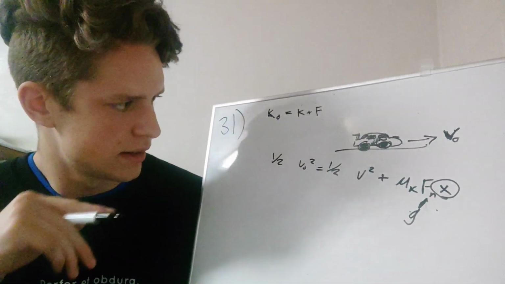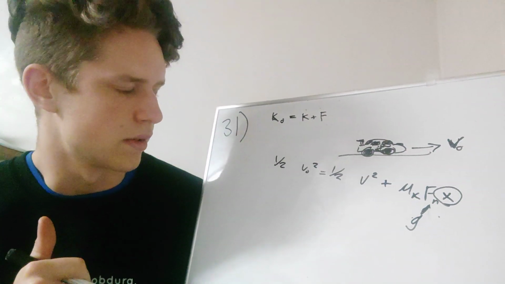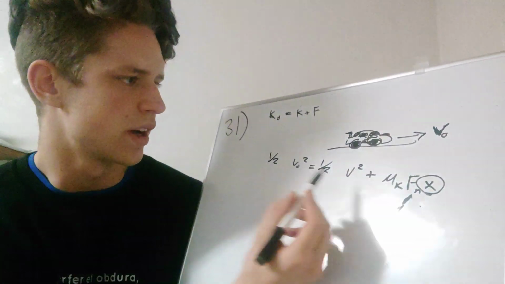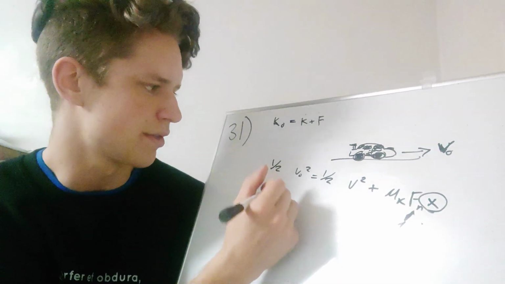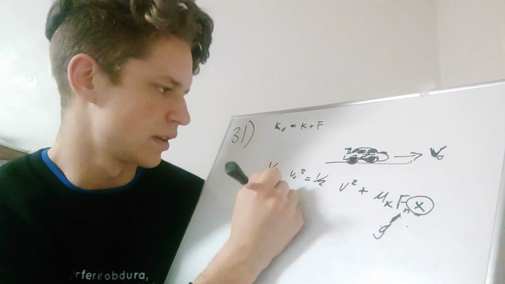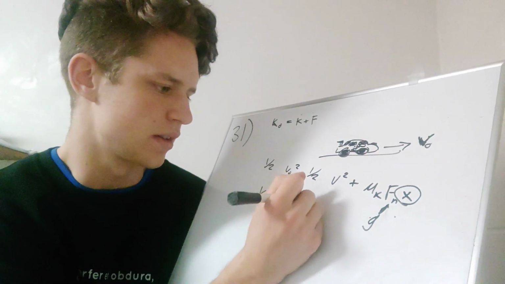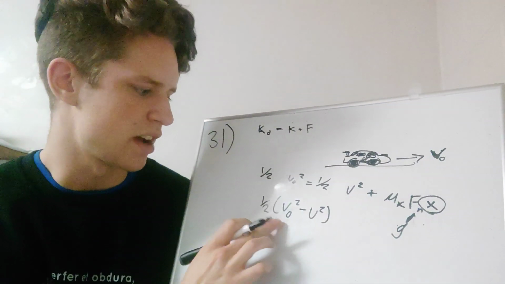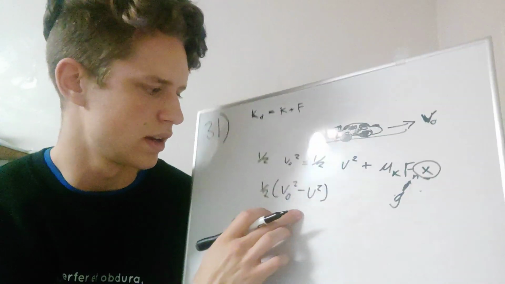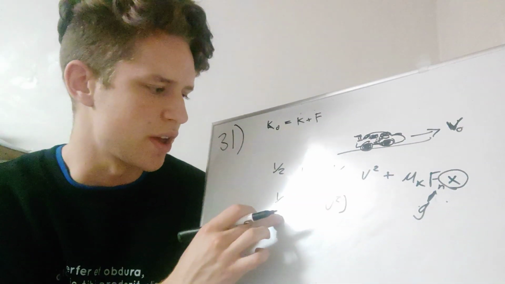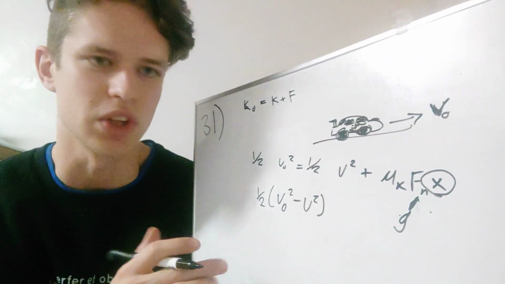So I'm going to subtract 1/2 v squared from this side, and then I'm going to bring the 1/2 out as well, because both of these have it. So this would be 1/2 times v0 squared minus v squared. So I just brought the 1/2 out, so it's a little cleaner.